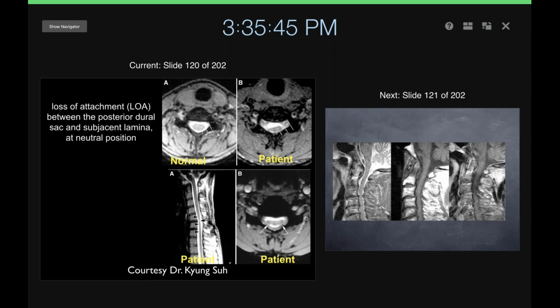Yeah, actually, this shows a normal spinal cord here on the images from my computer. This is abnormal here. So you can see that the cord is abnormally positioned and flattened in the patient.